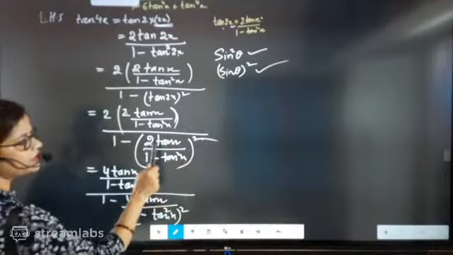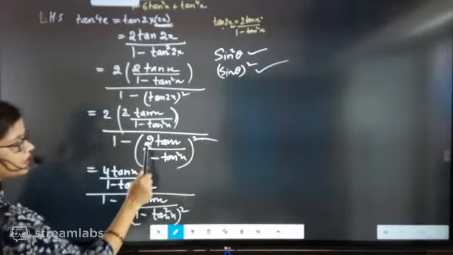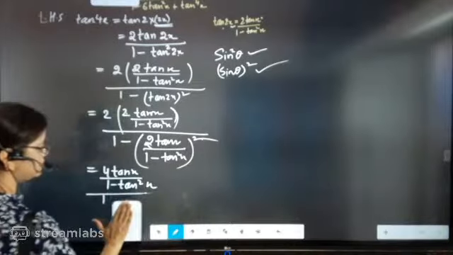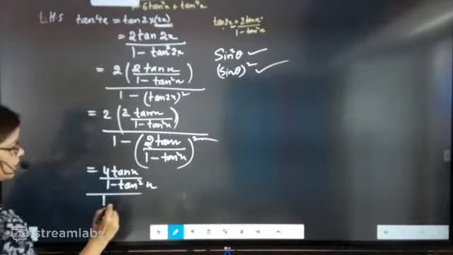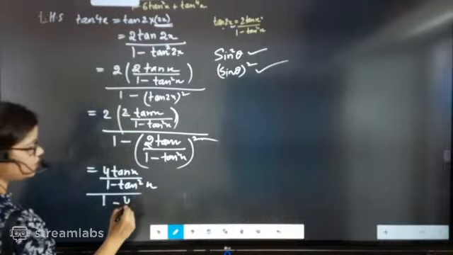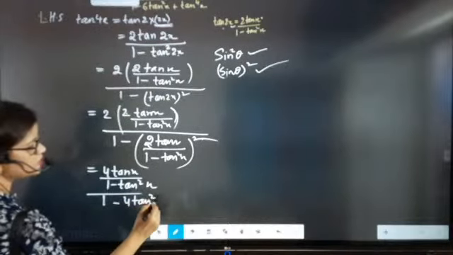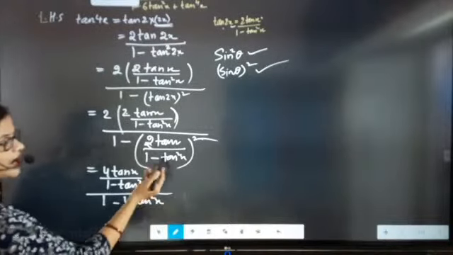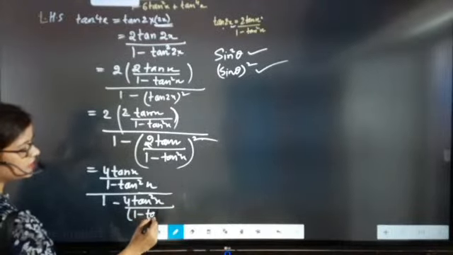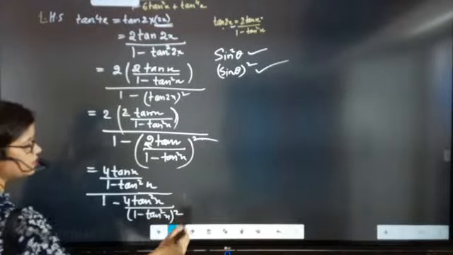So when this square distributes here, it will become 4 tan square x. 1 minus this, 2 tan x square is coming, so it will become 4 tan square x, and the denominator is 1 minus tan square x whole square, beta.